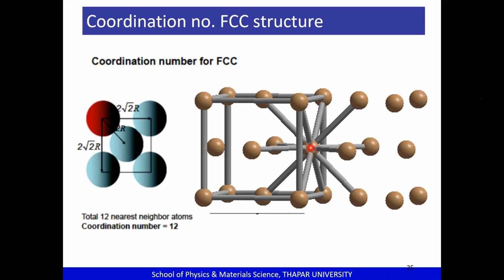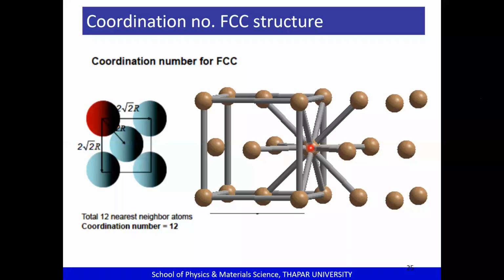Now, if I look along the face diagonals on the right hand side plane, I can see 4 corner atoms which are all at equal distance from the central face atom. I guess it is easy to visualize for everybody. So 4 of them are within the plane. The remaining 8 are a little bit difficult to visualize.